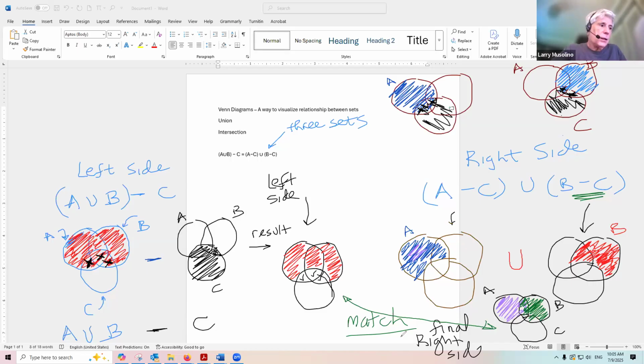You can then import the image into your LaTeX document. I'll leave that up to you as to how you want to handle that. But you do have to produce these Venn diagrams, because that's really the only way you can show equivalence of the left side of the equation and the right side of the equation.